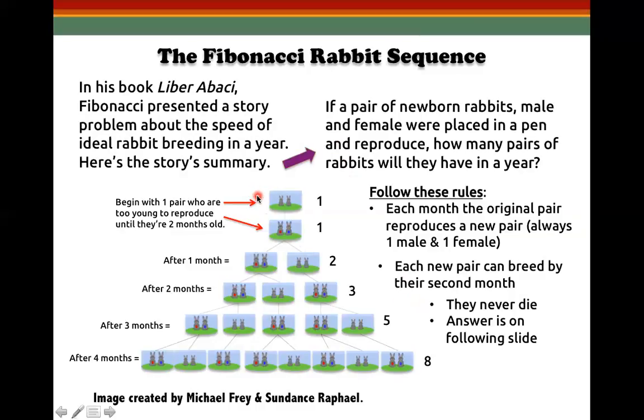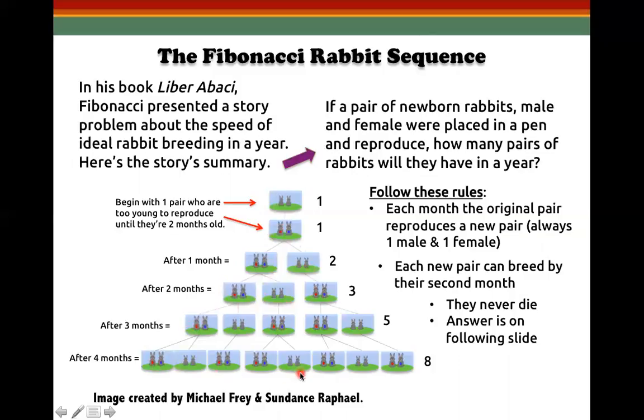Here we go. We begin with one pair who are too young to reproduce in the first month, but after 1 month they produce a pair. After 2 months, 3 pairs. After 3 months, 5 pairs.